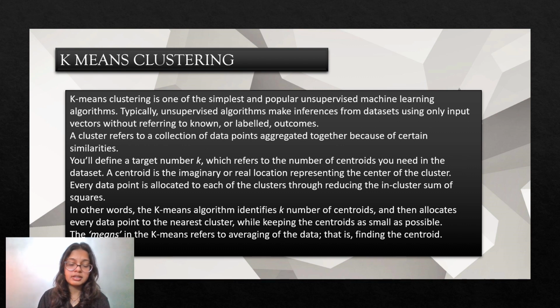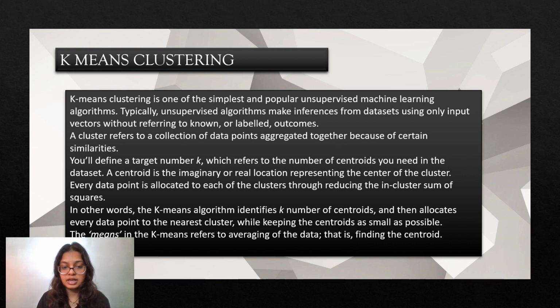A cluster refers to a collection of data points aggregated together because of certain similarities. You'll define a target number k, which refers to the number of centroids you need in the dataset. A centroid is the imaginary or real location representing the center of the cluster.